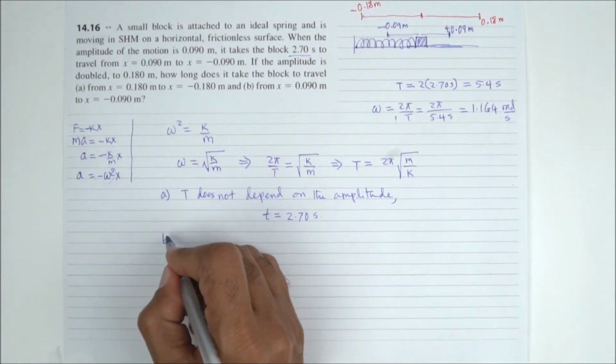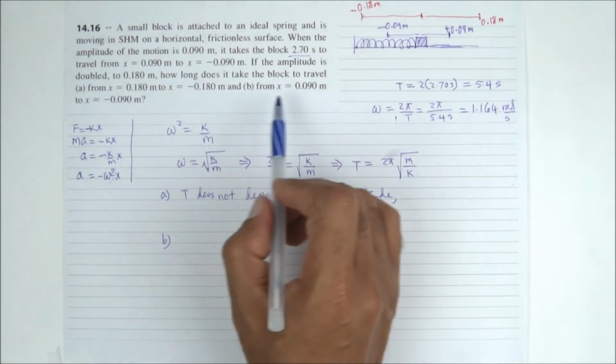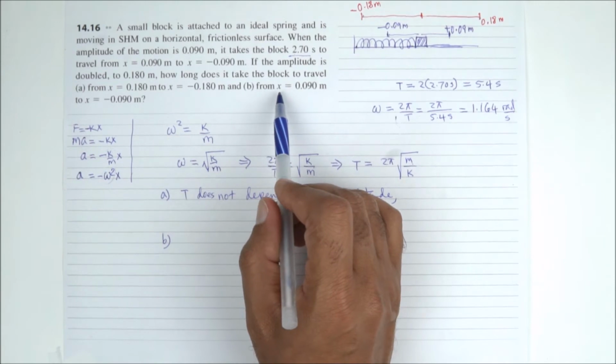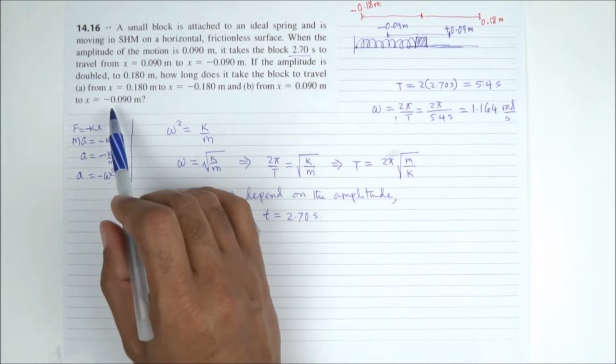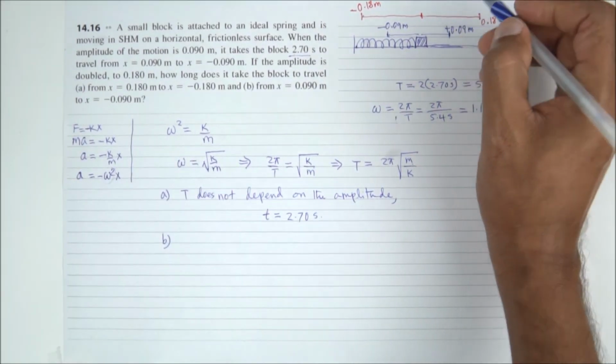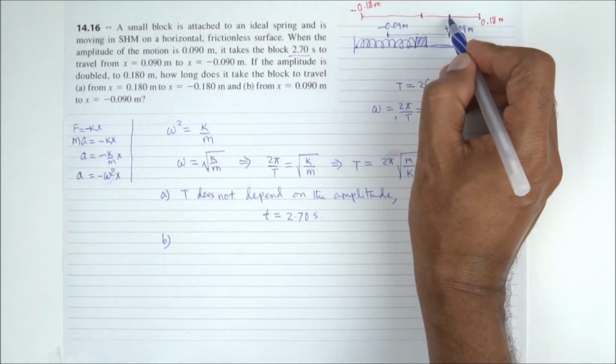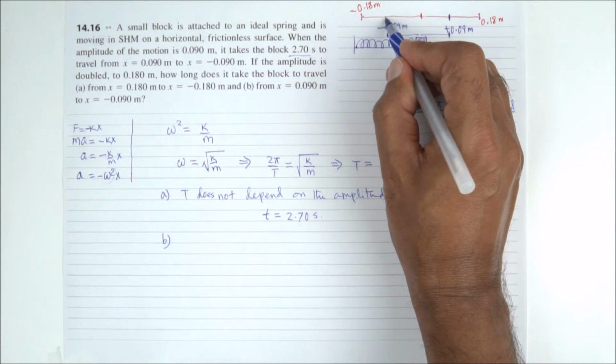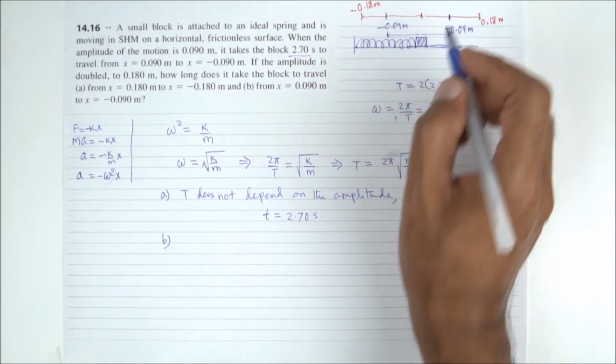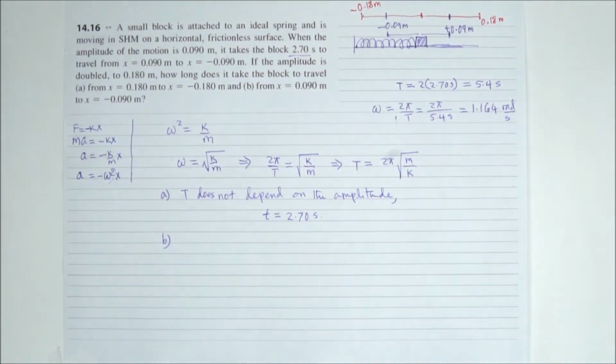Now part B, it says how much time does it take to go from 0.09 to negative 0.09. Given this amplitude, what is the time that it takes to go from here to here? That's the time that we need to find out.